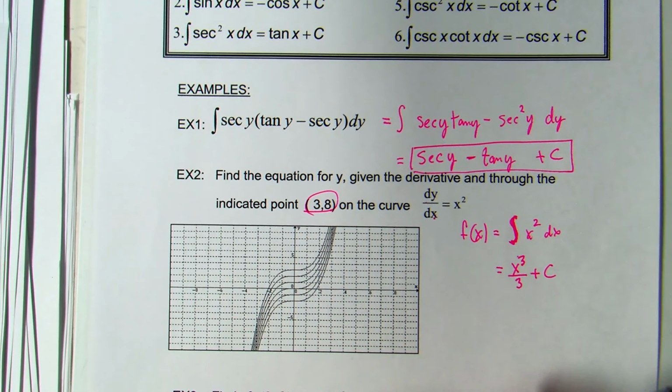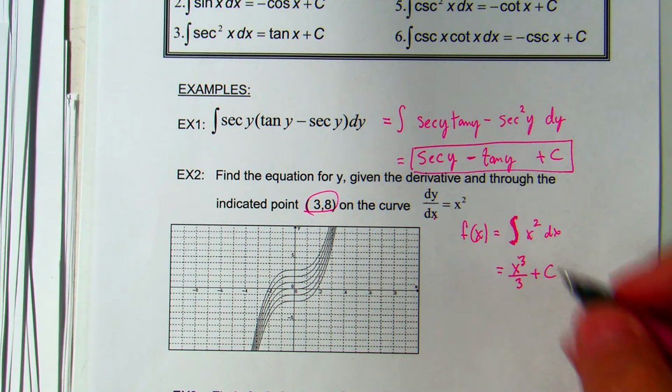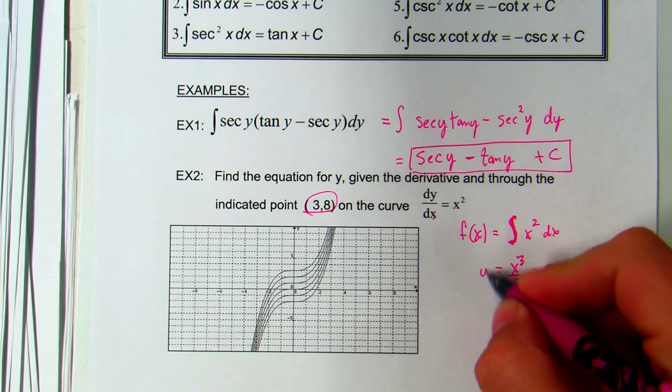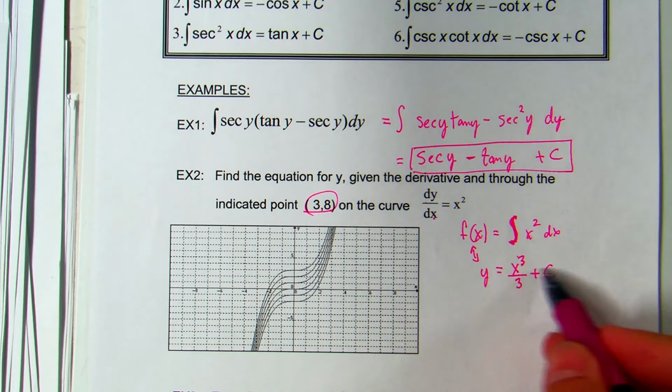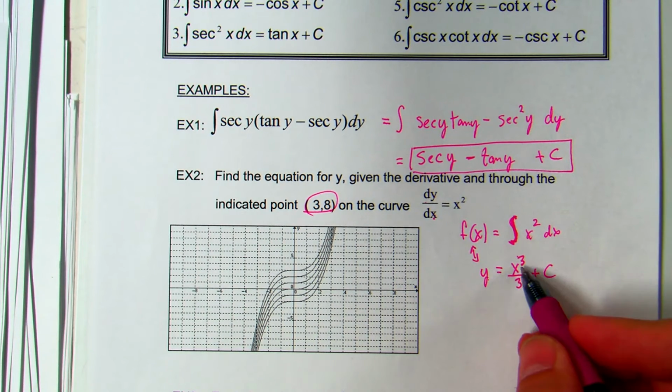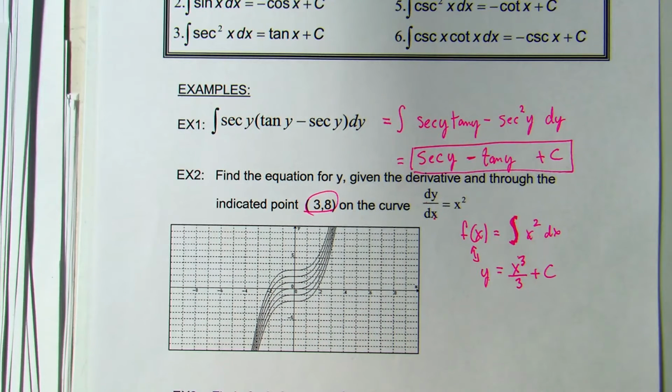But now let's go find what c is. We know that at a certain point, we can plug in for y. Let's go ahead and just do that here. This is actually y, same thing, right? So y equals this, and we have a y value and an x value. So why can't we plug in those values and determine what c is? And thus giving us the answer that we're looking for here in finding this equation.